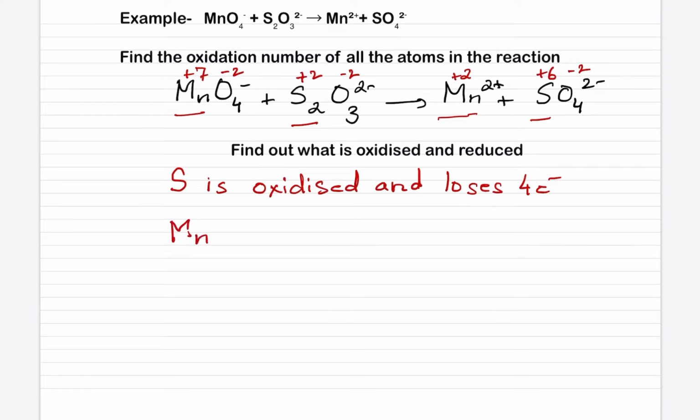Mn is reduced, and why? Because it gains 5 electrons. So now we know that sulfur is oxidized and manganese is reduced.